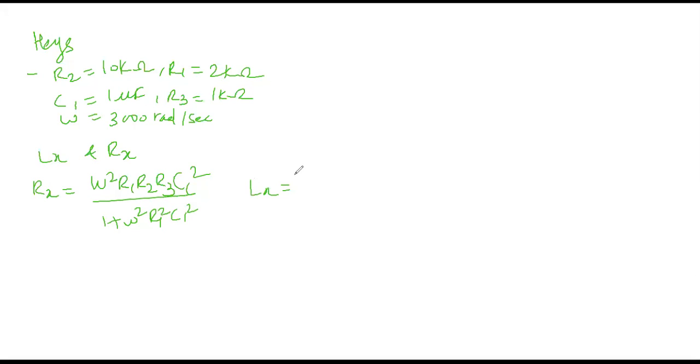Similarly for Lx, we have R2 R3 C1 divided by 1 plus omega square R1 square C1 square. Right? So place the values of R1, R2, R3, C1. Again, C1 is in microfarad, so don't forget to convert it into farad. And find out your answer and post it here.